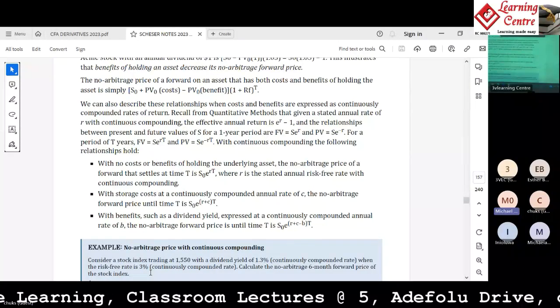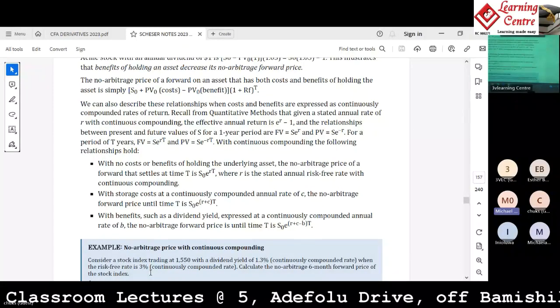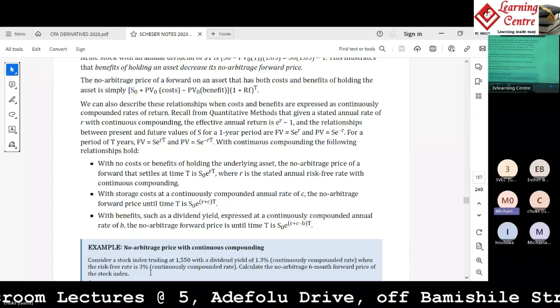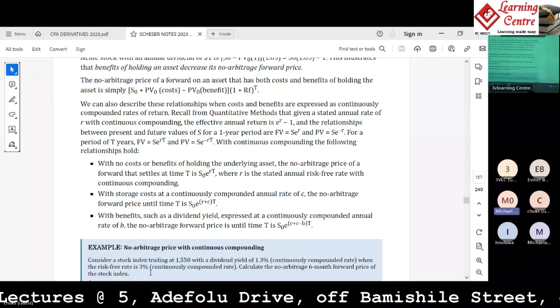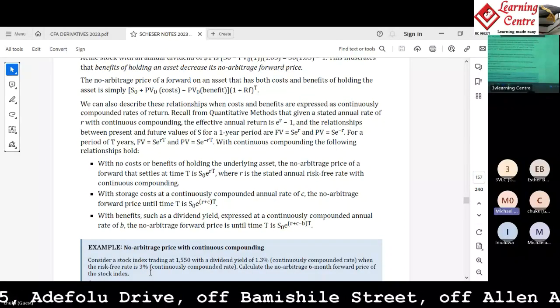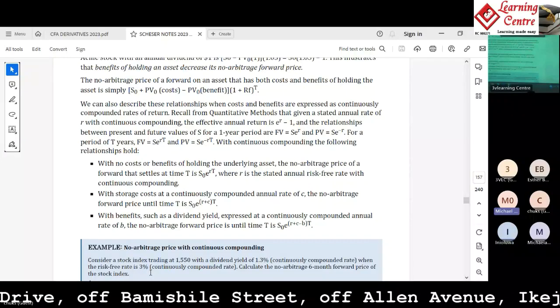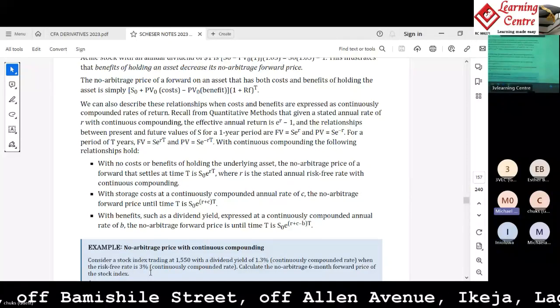Okay. The risk-free rate is 3%. I assume it is per annum, and you were to calculate the no trade forward price for 6 months. So what I simply did was to divide the risk-free rate by 2 to get the half year.